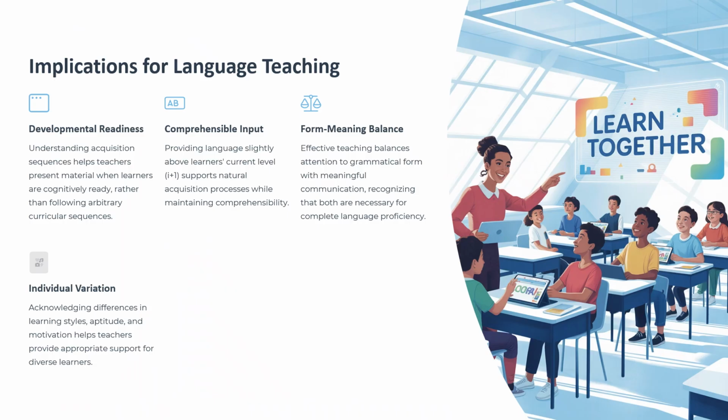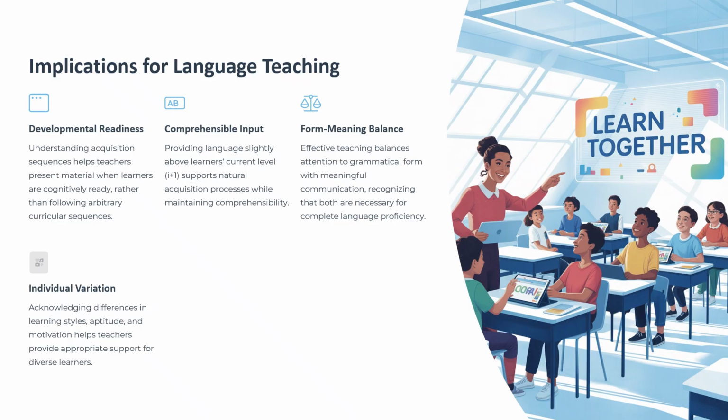Implications for language teaching. Developmental readiness: understanding acquisition sequences helps teachers present material when learners are cognitively ready, rather than following arbitrary curricular sequences. Comprehensible input: providing language slightly above learners' current level, i+1, supports natural acquisition processes while maintaining comprehensibility.